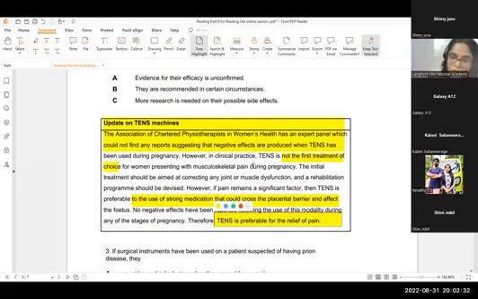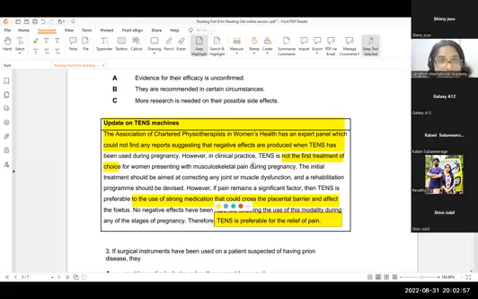All of you take a second, go through this. They start with how TENS does not have any negative effects during pregnancy, as suggested by a panel. Then they say that, however, it's not the first choice if the patient has musculoskeletal pain during pregnancy. They will come up with a treatment that will correct the joint dysfunction, and then they will go for rehabilitation.